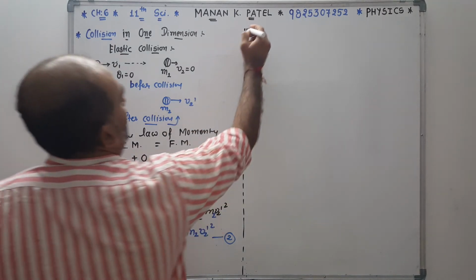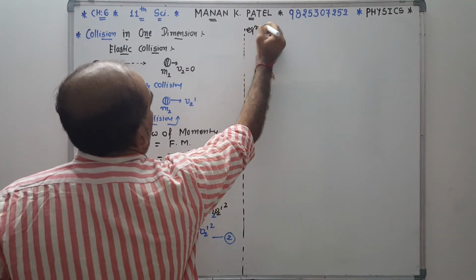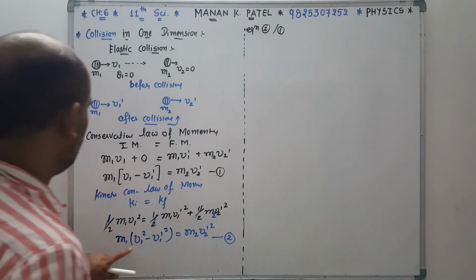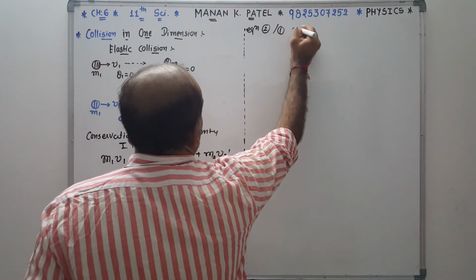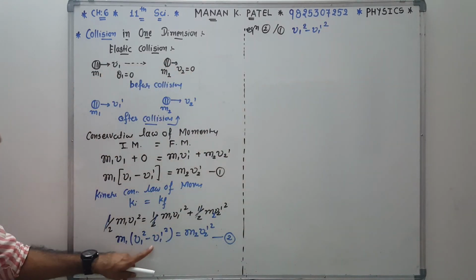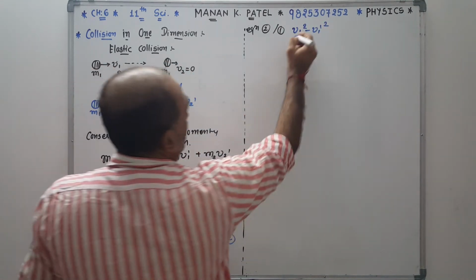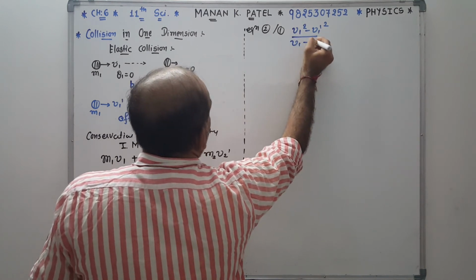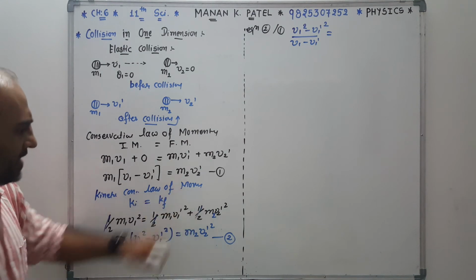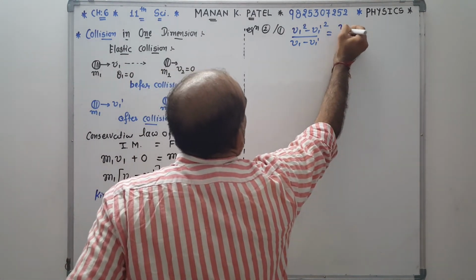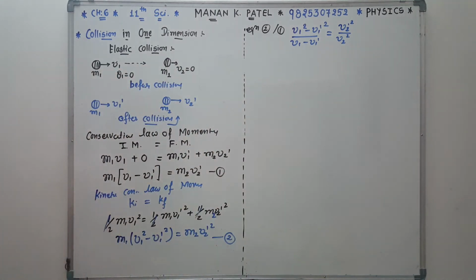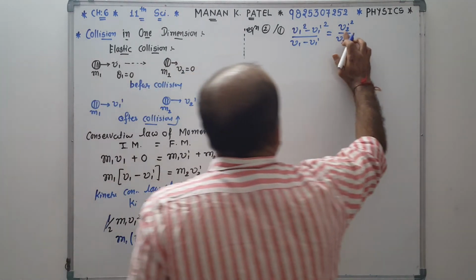Now take the ratio, equation number 2 divided by 1. So m1 is cancelled. v1 square minus v1 dash square upon v1 minus v1 dash is equal to m2 cancels, v2 dash square by v2 dash.